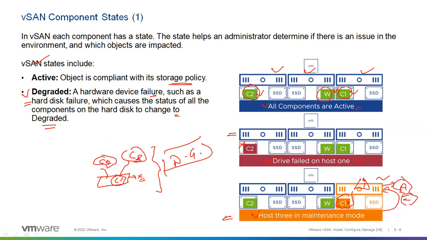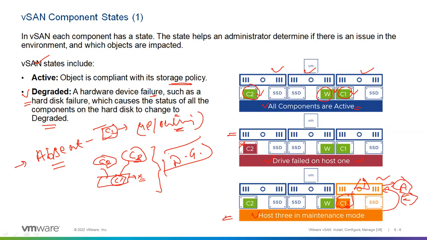During that time, that component will be in what we call an absent state. For the absent state of a component, where that component is placed, like on a particular hard disk or node, we are assuming that it will be back up and online after a certain time interval. That time interval is being defined.